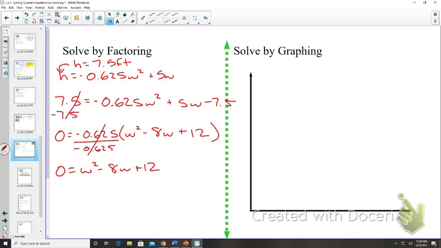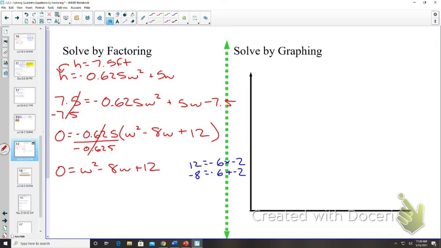If we are solving by factoring, we need to ask ourselves, what multiplies to give us 12 and adds up to give us negative 8? Negative 6 times negative 2 gives positive 12, and negative 6 plus negative 2 equals negative 8.